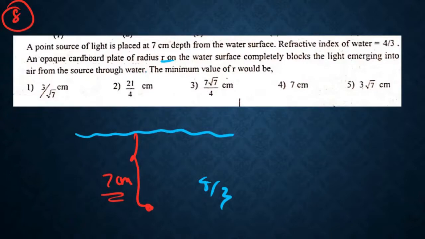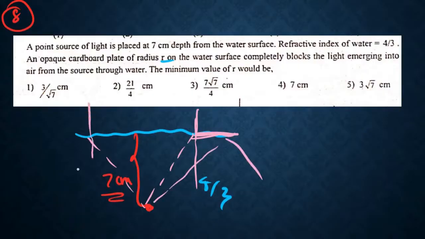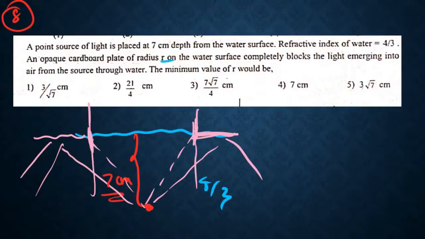If you have done that question, you know the cone is created like this because of the critical angle, right? From this point onwards, there's no way light goes out of the water surface, right? So only we have to cover this one. So the radius they are looking for is this r value, right?